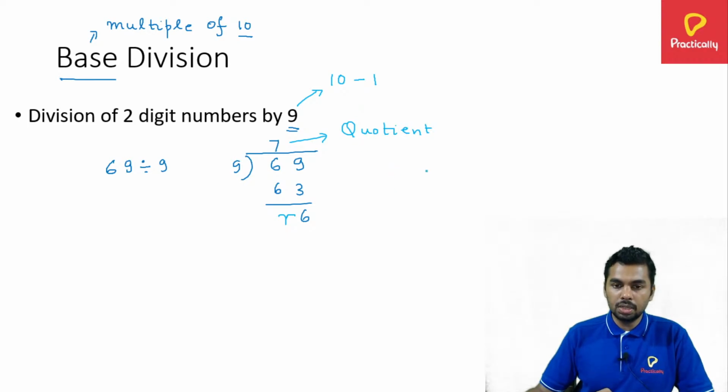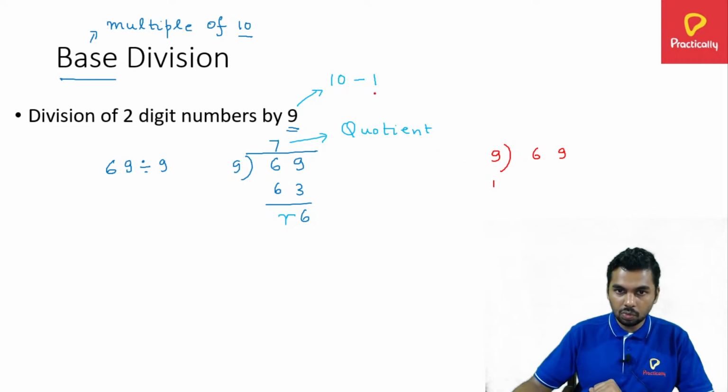Then I'm going to do the Vedic mathematic way, so I'll use a different color. The same thing you can draw here: 69 and 9, and below this number 9 you put the 1. So 1 is coming from this. 9 plus 1 is 10. That's why you put the number 1 here.